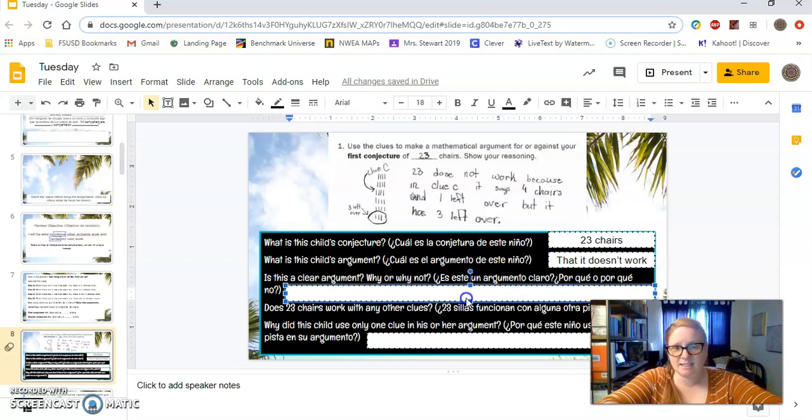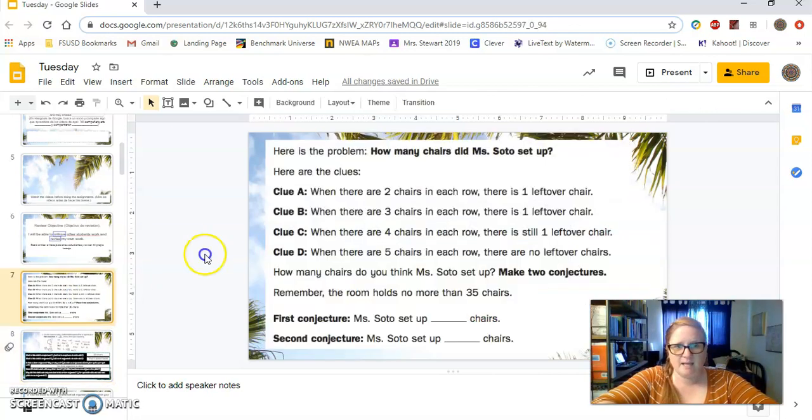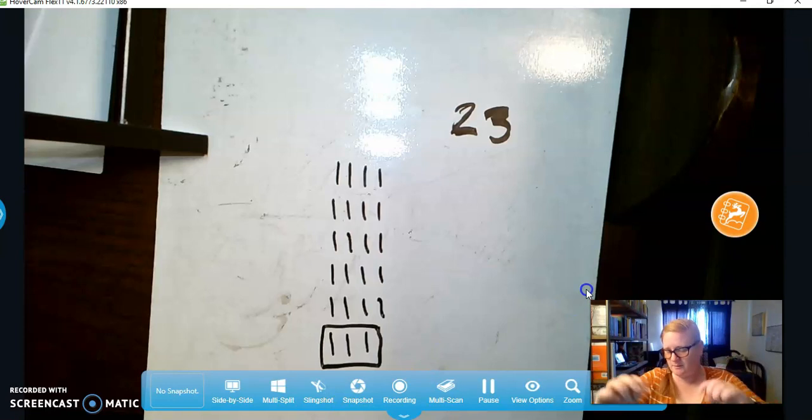Is this clear or not? Well, they did exactly the same thing that I did. I would say, yes, their argument is clear. Does 23 chairs work with any other clues? Okay, so let me go back. And let's say 23, when there are 2 chairs in each row, there's 1 leftover chair. Let's try that one. So 23, 2 chairs in each row.